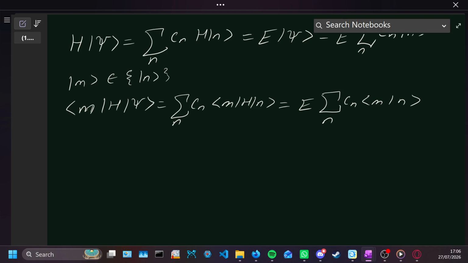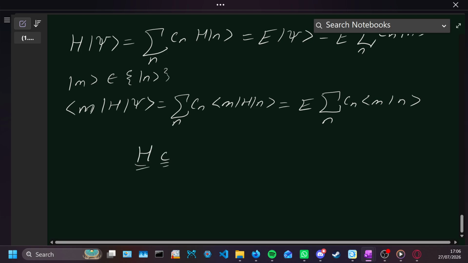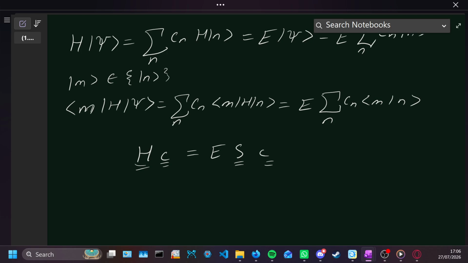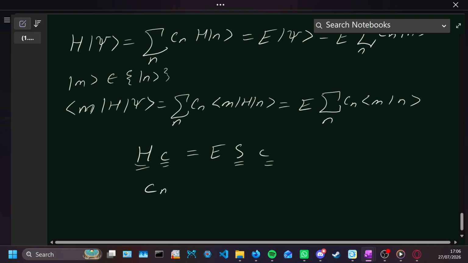And so what I'm going to do to write this out neatly is I'm going to use a matrix, and I'm going to say Hc is equal to ESc, where c is the vector of these c_n coefficients which make up my linear combination.